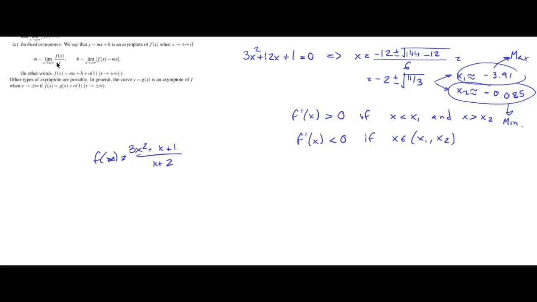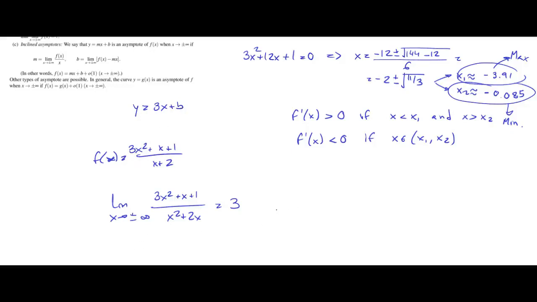If we have the limit when x goes to plus minus infinity of 3x squared plus x plus 1 divided by x squared plus 2x, this limit is going to be 3 in both cases, so it's going to be an inclined asymptote, right? This is going to increase, but just as fast as 3x, right?